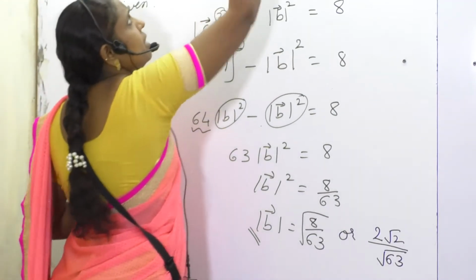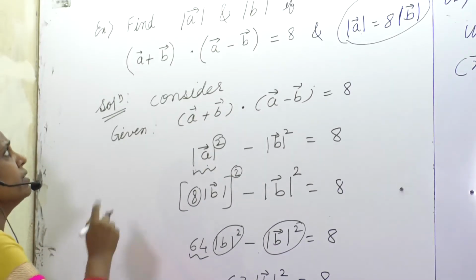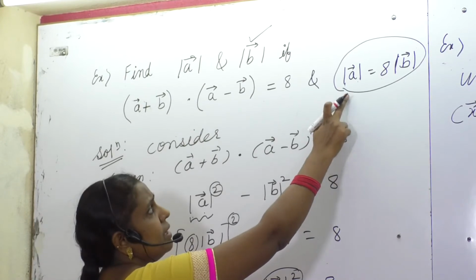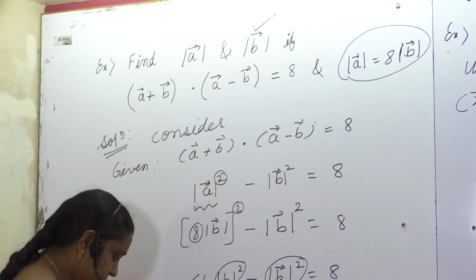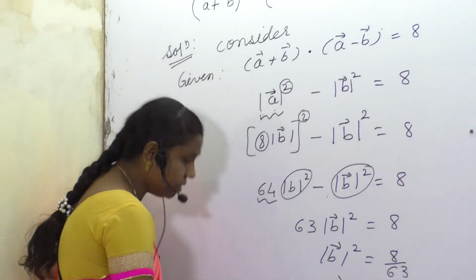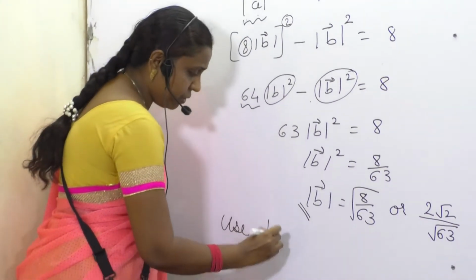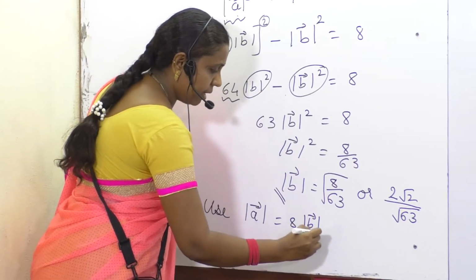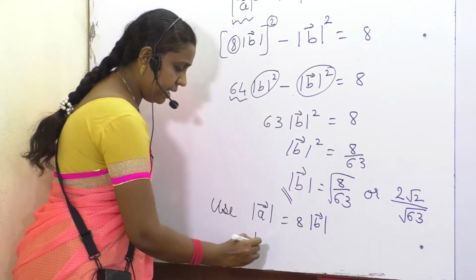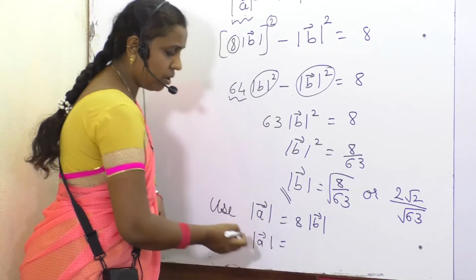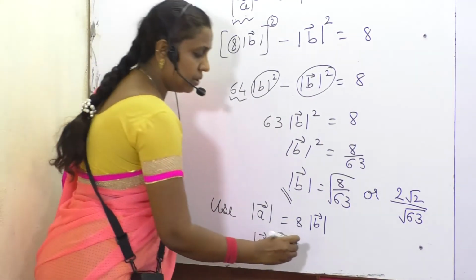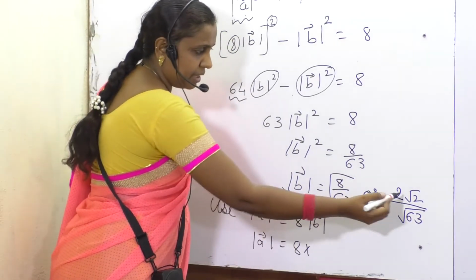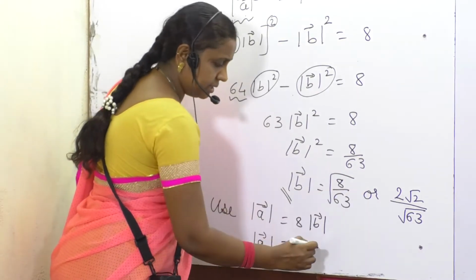What was the question? B and A both you have to obtain. So B is obtained now. What about A? A you can find out using the second condition. So the length of vector A is equal to 8 into the length of vector B. Either you take this one or this one, it is your choice.